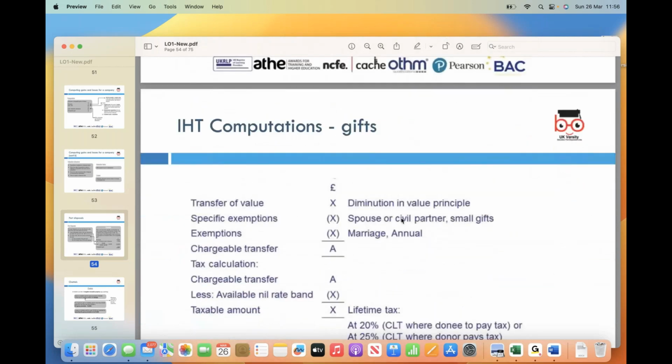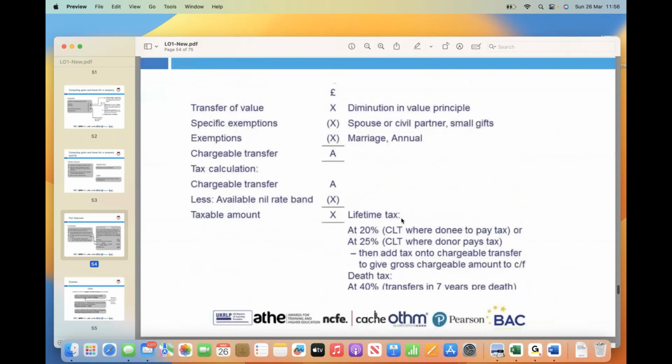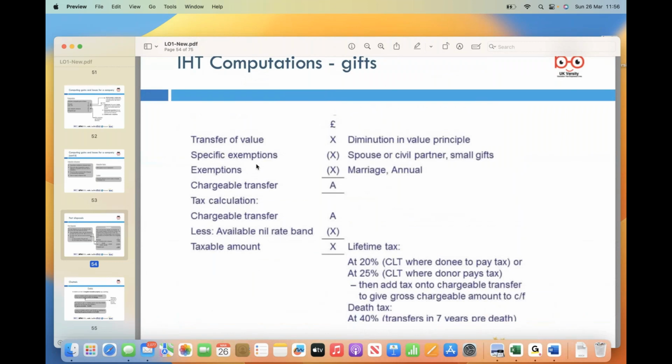Here, inheritance tax computations involve transfer of value, specific exemptions, chargeable transfer, and tax calculations, including spouse, civil partner, marriage gifts, and the annual exemption. The lifetime rate is 20% on a CLT where the donor does not pay the tax, or 25% where the donor pays the tax. For inheritance tax, one can utilize the available exemptions and reliefs.